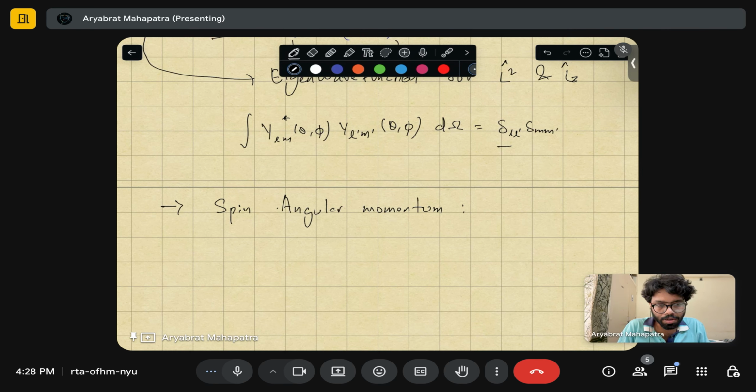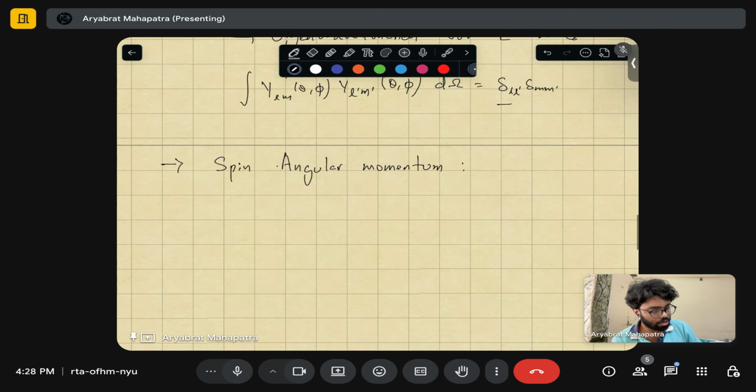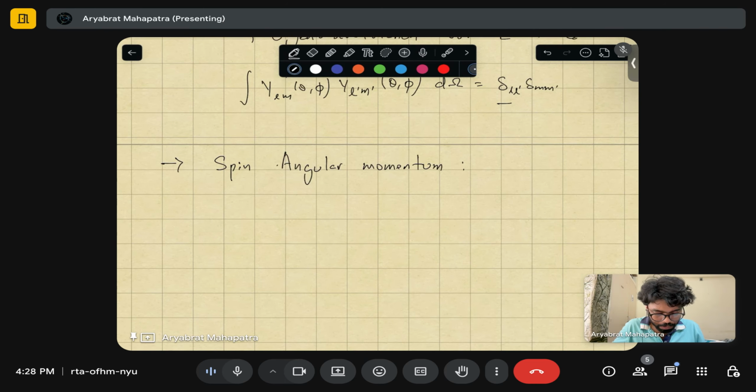But in quantum mechanics, even if it is a point particle, you still define mass, but on top of it they also possess something called spin. So, the spin angular momentum.